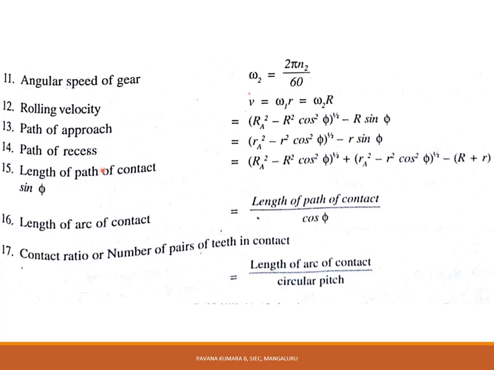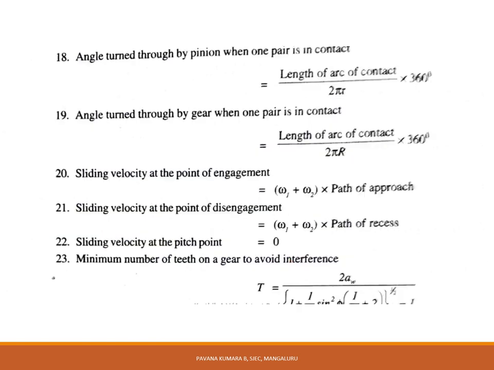Next, length of arc of contact is equal to length of path of contact divided by cos phi. Next, contact ratio is nothing but length of arc of contact divided by circular pitch. Circular pitch we already studied in previous slides.